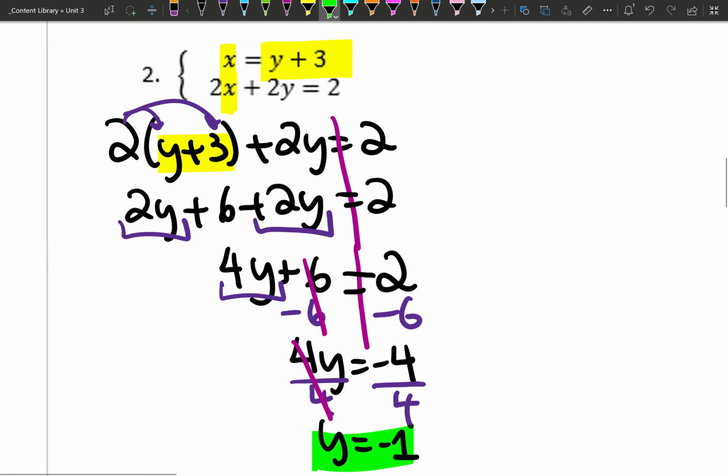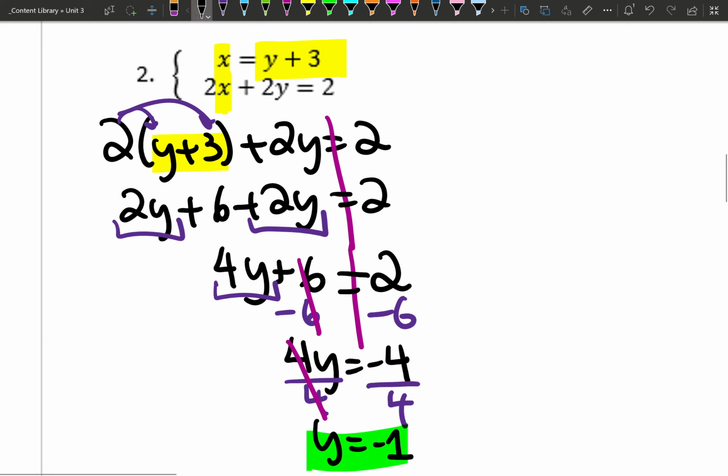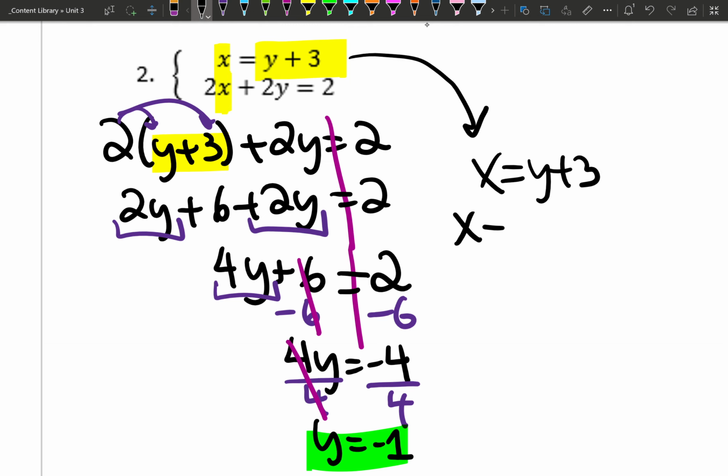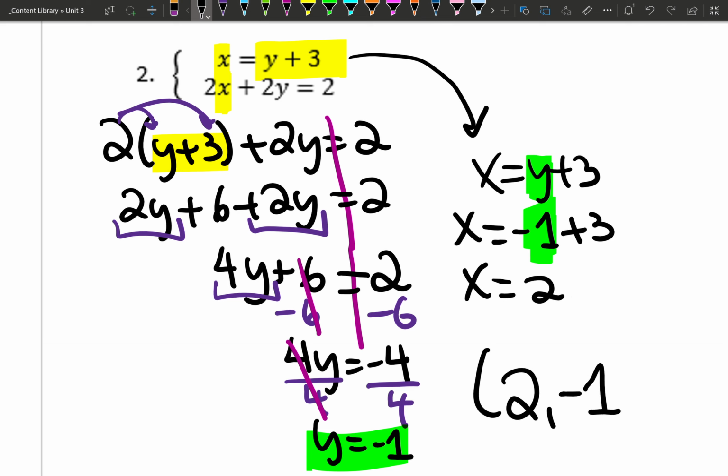Now we've got to figure out x. In order to find out x, we're going to use the x equals equation, just like we did in the other one, but with y equals. Well, x equals y plus 3, which means x equals negative 1 plus 3, because that's what we found for y. X equals 2. So our answer is 2, negative 1.